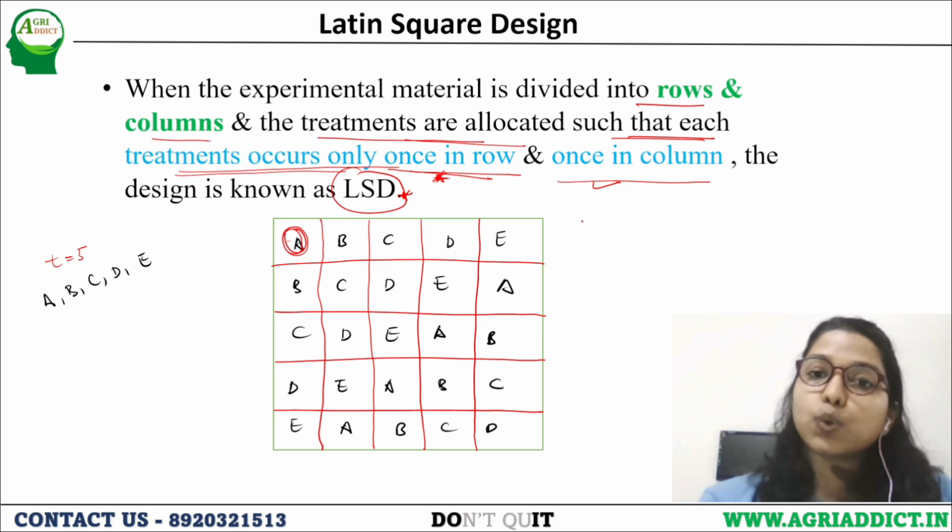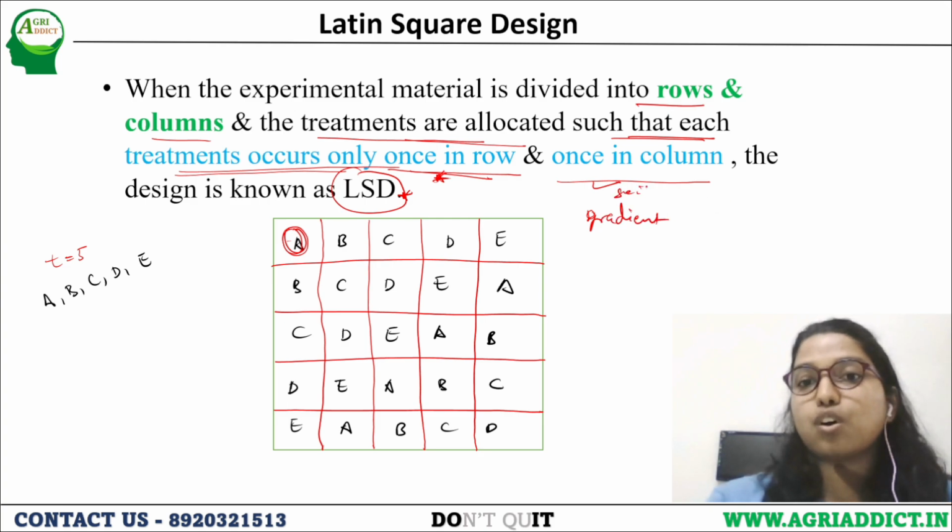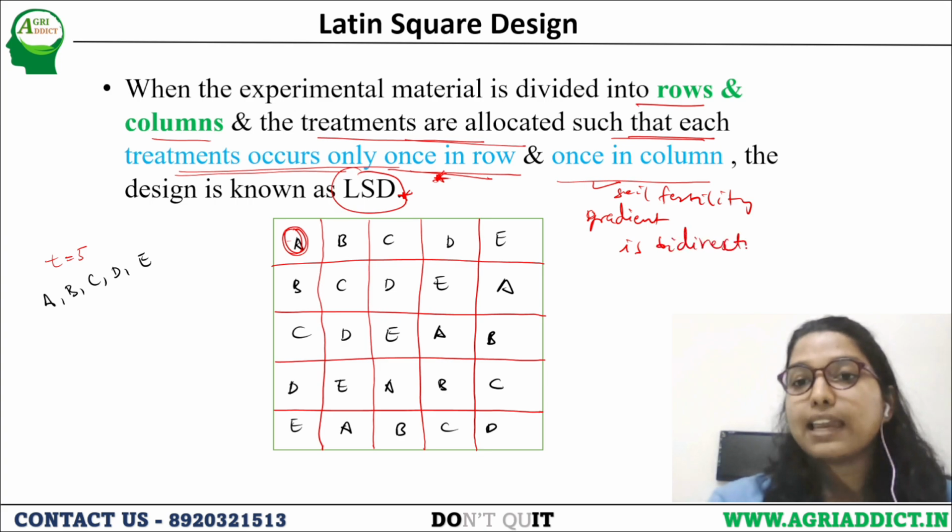And we use the Latin square design when the soil fertility gradient is bidirectional. We use this design when there is a fertility gradient which is bidirectional. Okay, this is important.